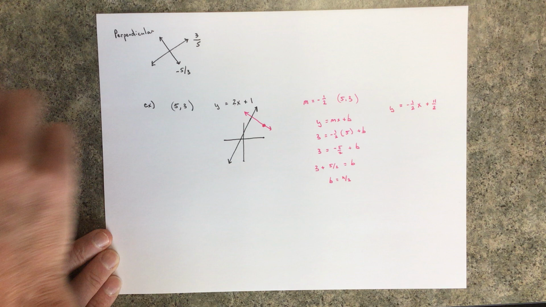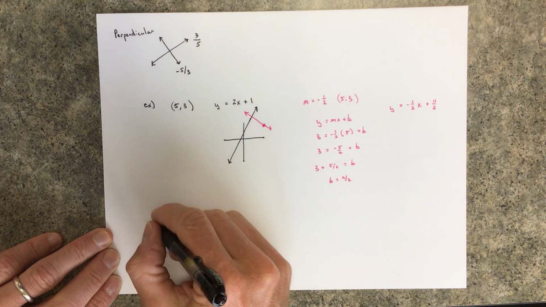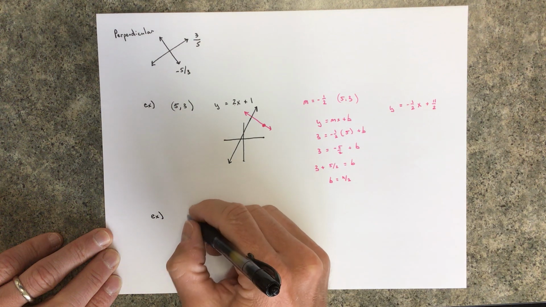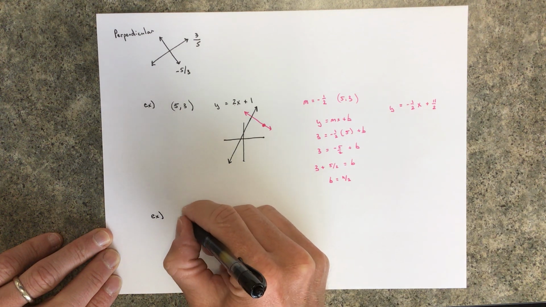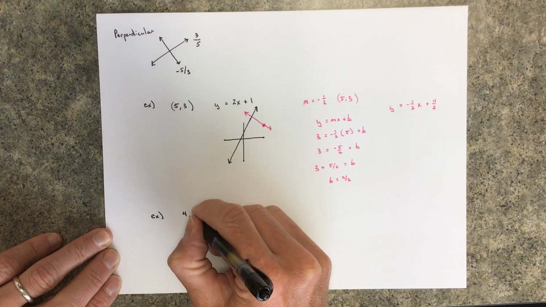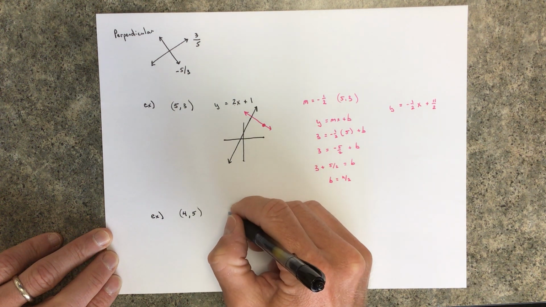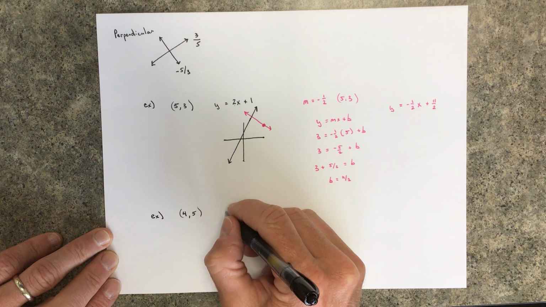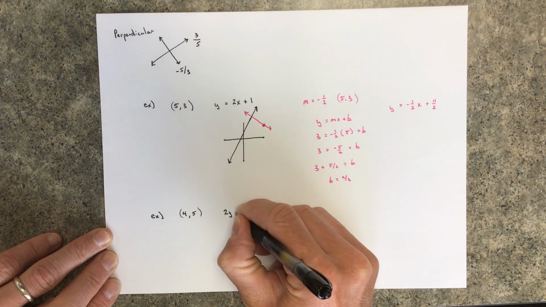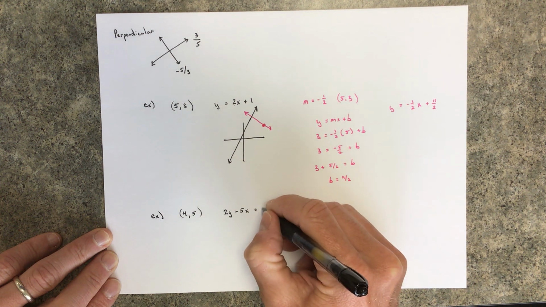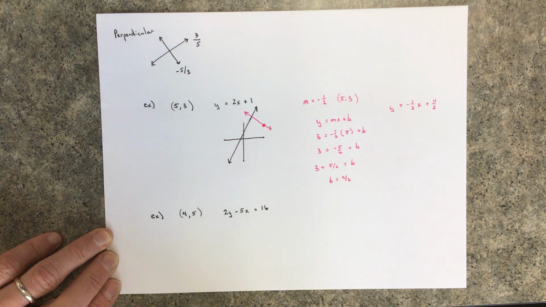And again, you can do any of those things you want. I can give you any point I want. I can give you (4, 5), and I can give you, let's say, 2y minus 5x equals 16, that line.